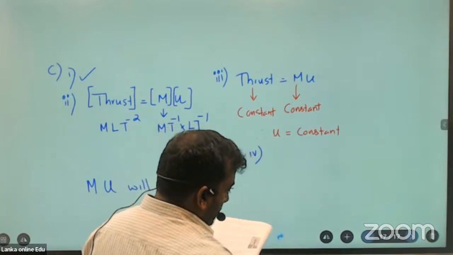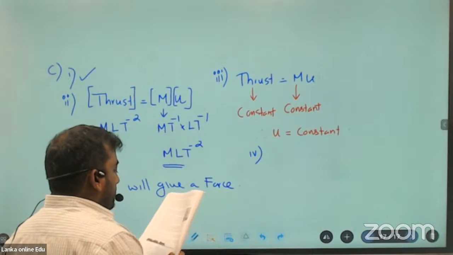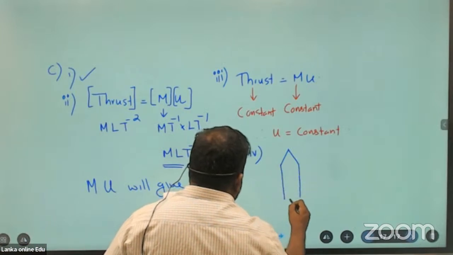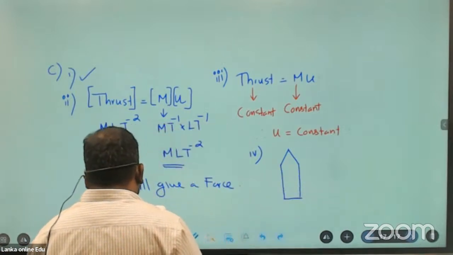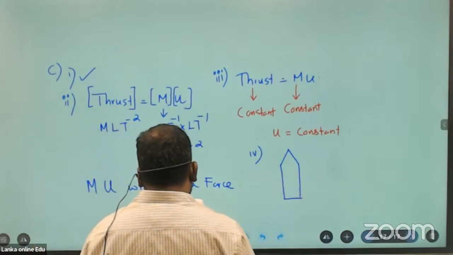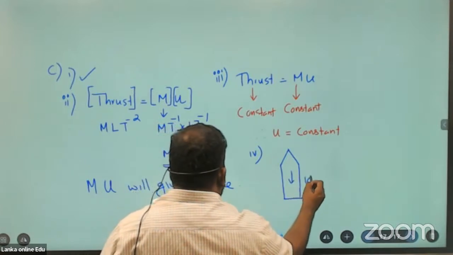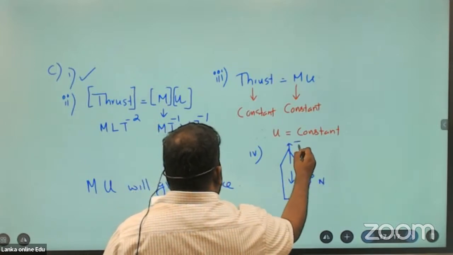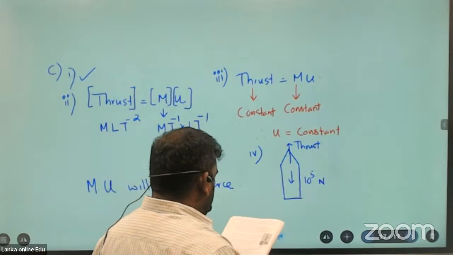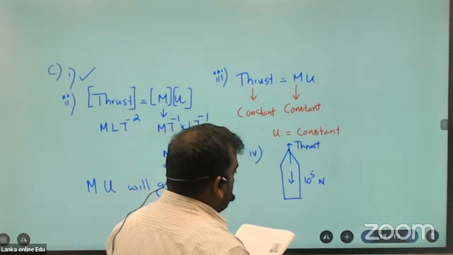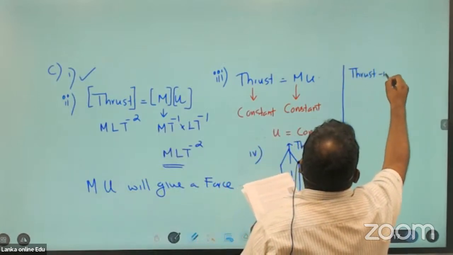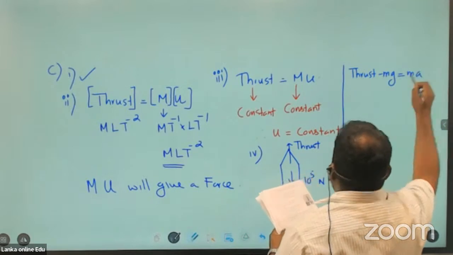Roman 4. When the rocket is just about to take off, weight of the rocket is 10 to the power 5 Newton. Thrust is there. Find the initial acceleration. So they are giving you thrust minus mg equals mass into acceleration.